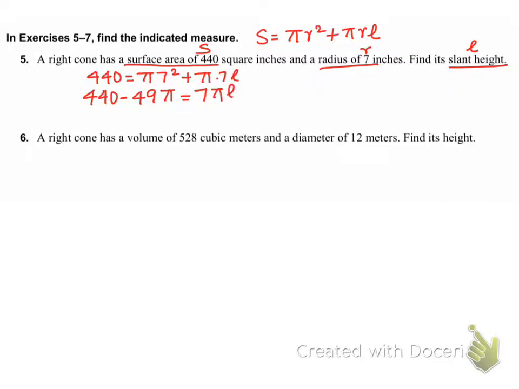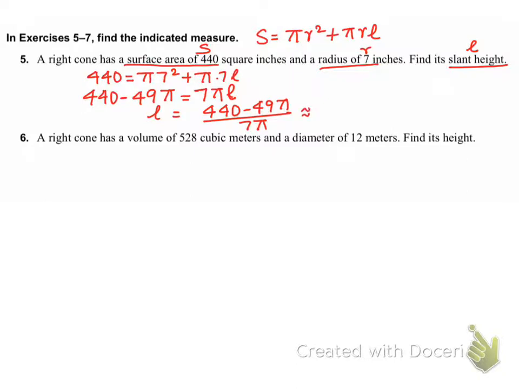Now I divide both sides by 7 pi, so L is going to be 440 minus 49 pi over 7 pi. Now it's all about using the calculator.